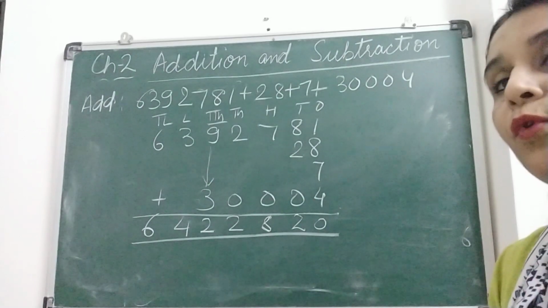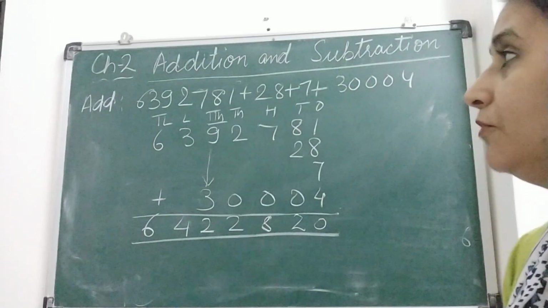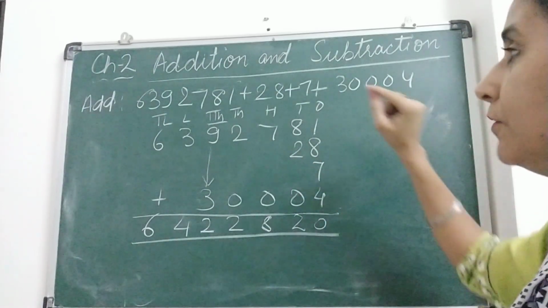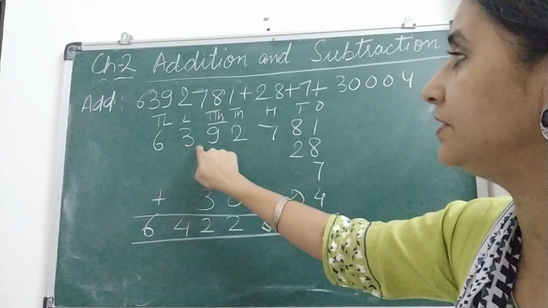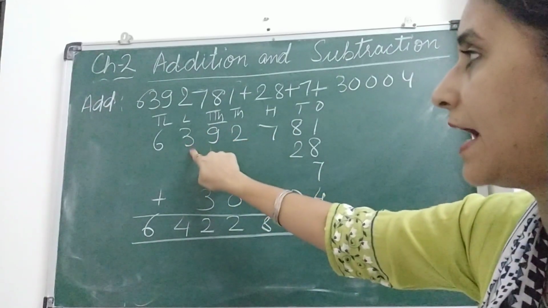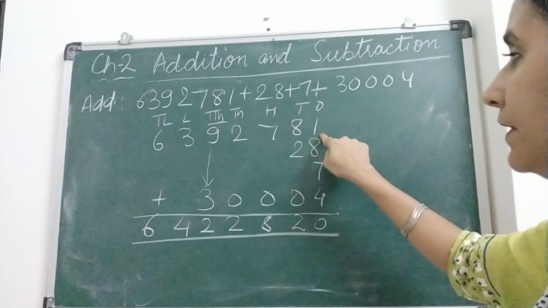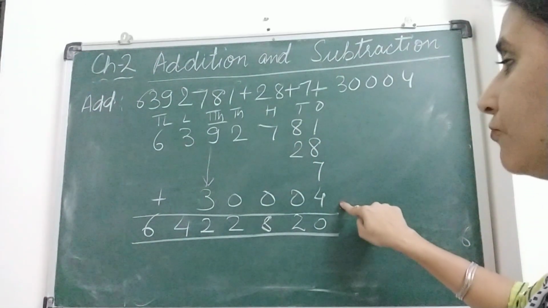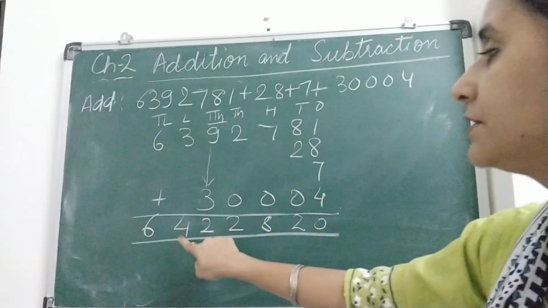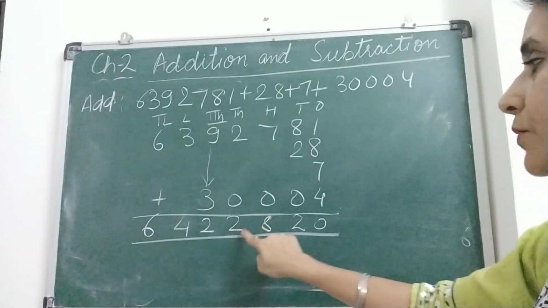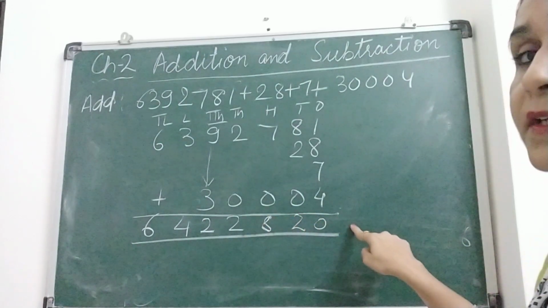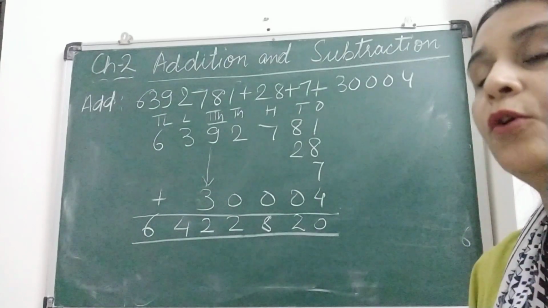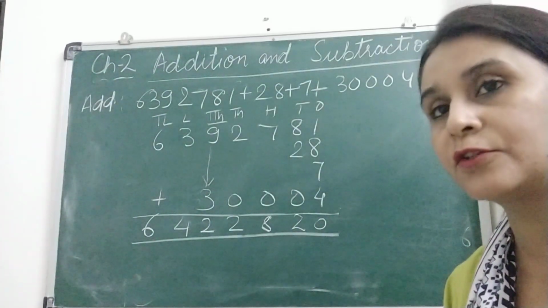And if we want to write this in number sentence, we will write all the four numbers like 63,92,781 plus 28 plus 7 plus 30,004 is equal to 64,22,820. This is your answer. This is your number sentence also. I hope everybody understood this.